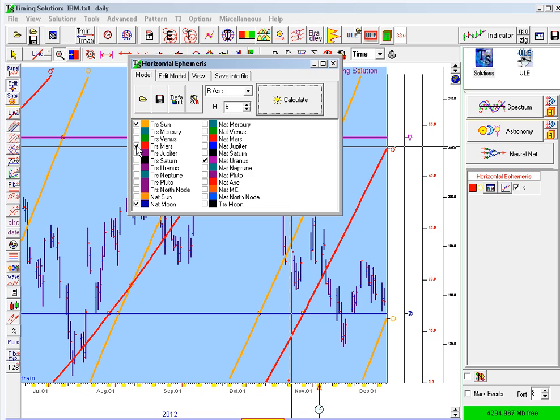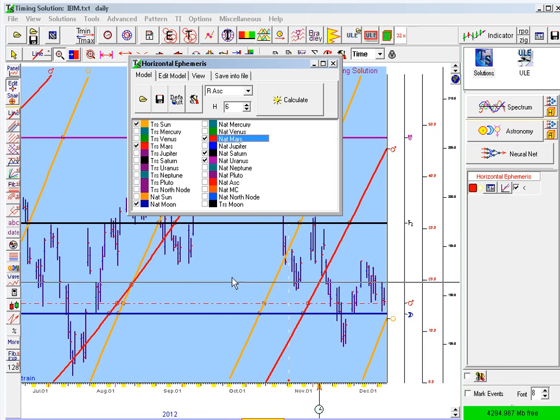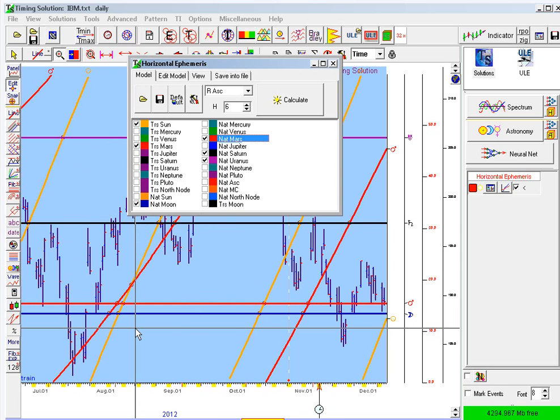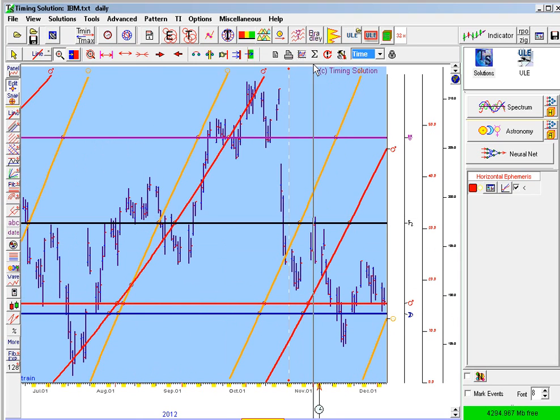So these are our 2 trigger planets, Mars and the Sun. Our primary planet was Uranus. Our secondary planet was the Moon. We also saw that Saturn is significant, natal, and natal Mars is significant. Natal Mars is showing up not very cool, so there we go. Let's see what we got here.